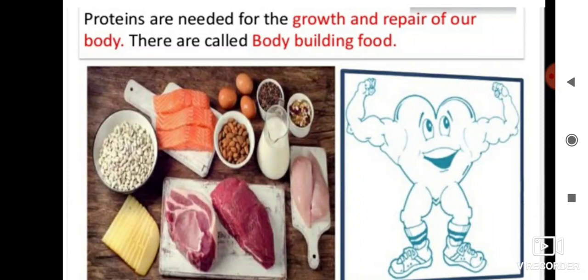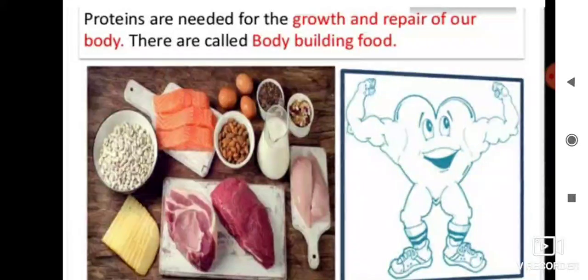Next, coming to the second type of nutrient, that is protein. The first one is carbohydrate, which is essential for every living organism because it is an energy giving food.